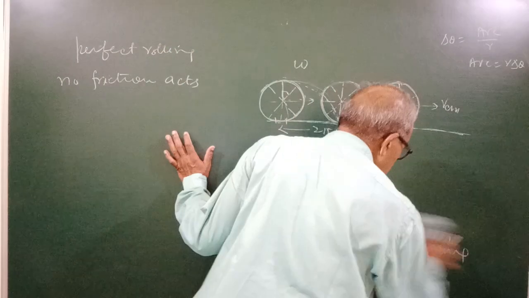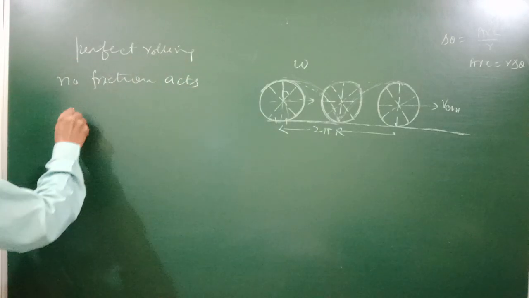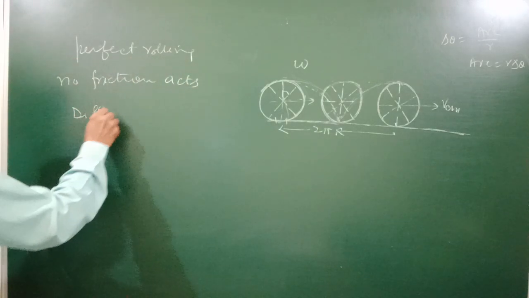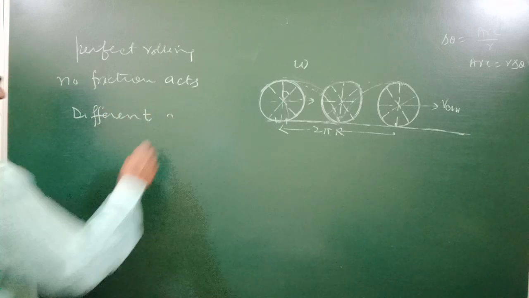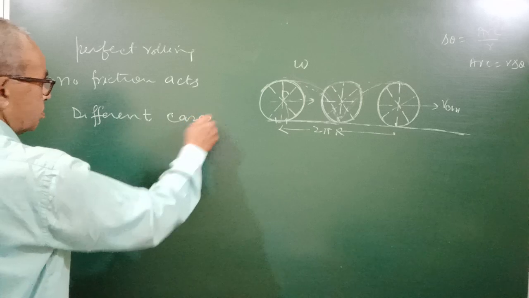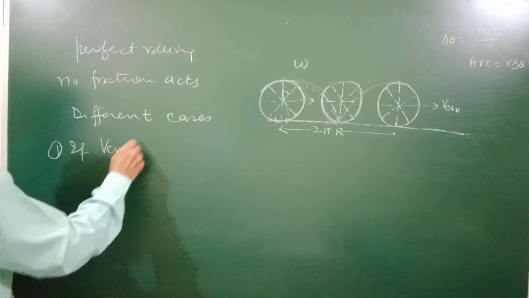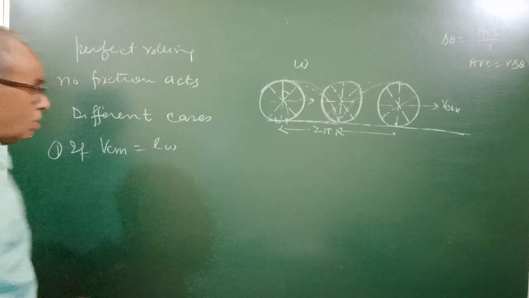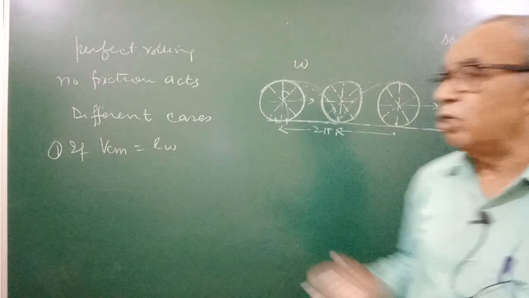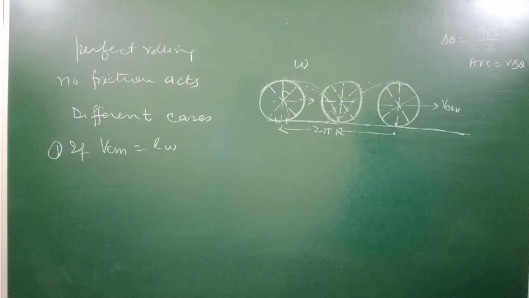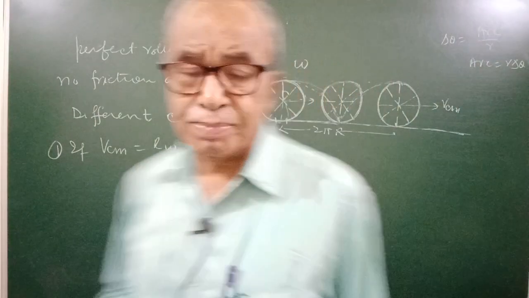But there are now different cases. Number one, if vcm is equal to r omega, then simply body rotates without slipping and perfect rolling takes place, no force of friction. I have written this here.